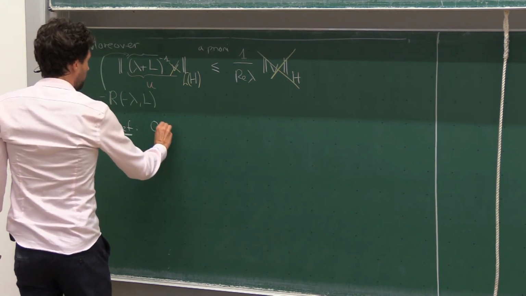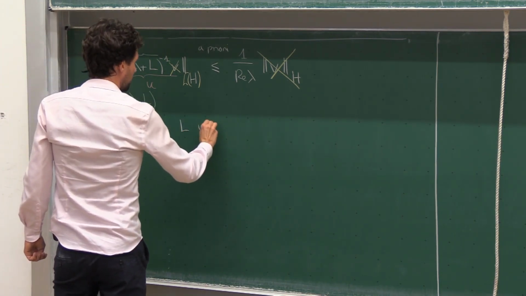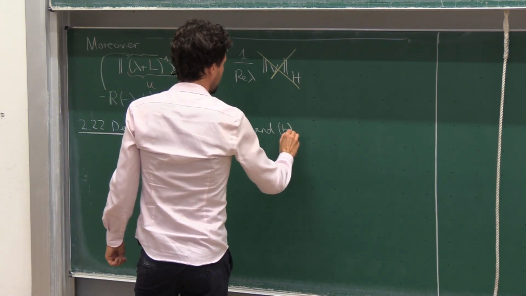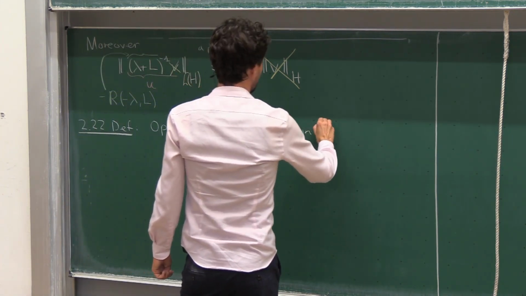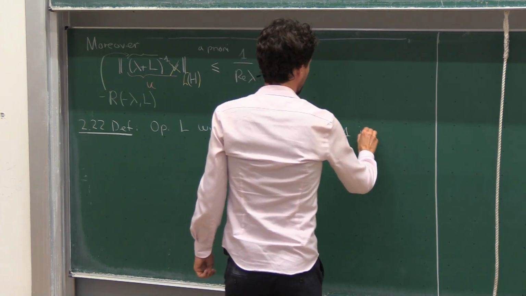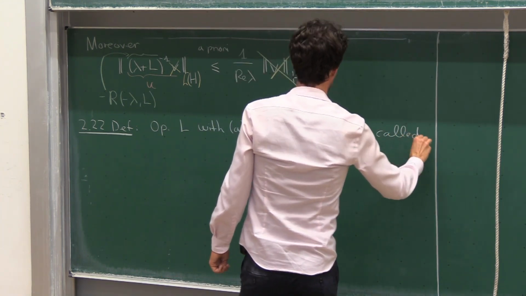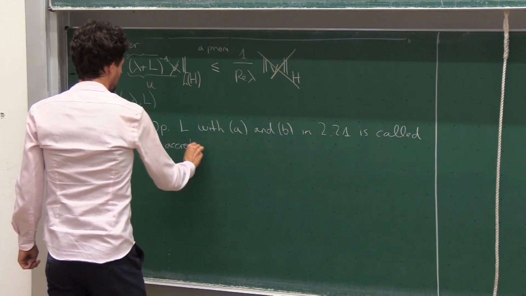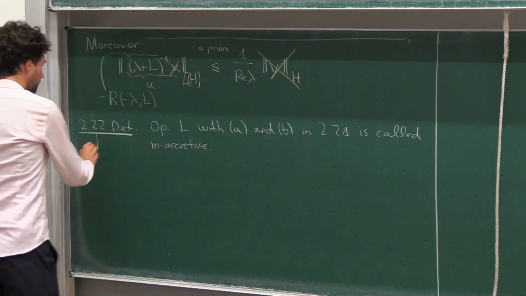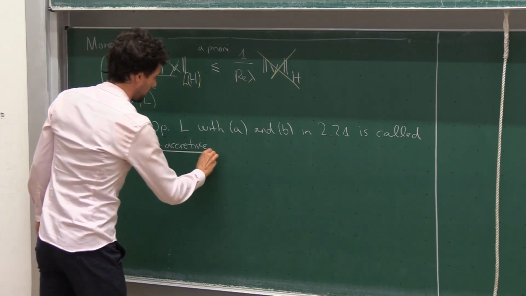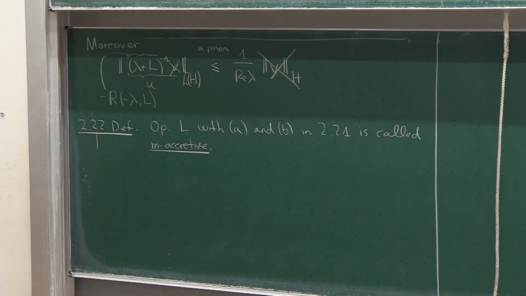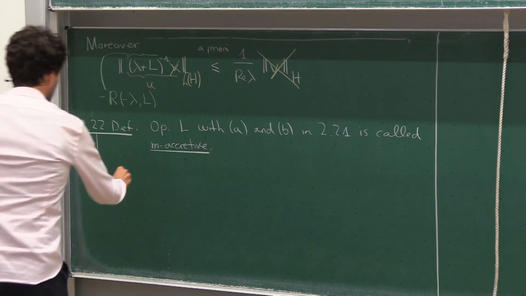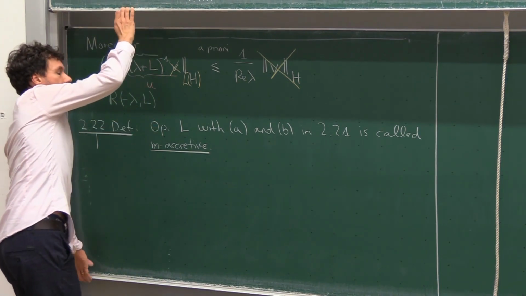Okay, so an operator L with properties A and B in 2.21 is called M accretive. Now, we have shown that L is sectorial.